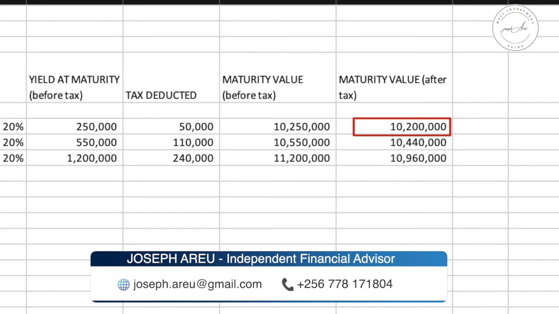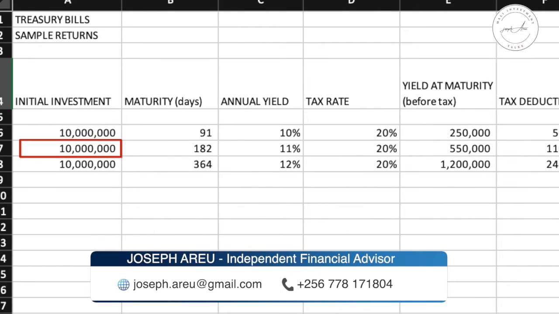Suppose you had invested the same 10 million in a 6-month maturity. That means you have loaned the government this 10 million for 182 days. Usually the longer the maturity, the higher the yield you are likely to get. So let's say 11%. The tax rate doesn't change, 20%.